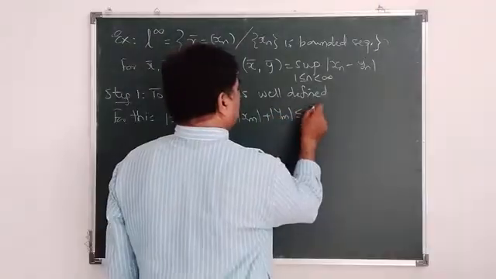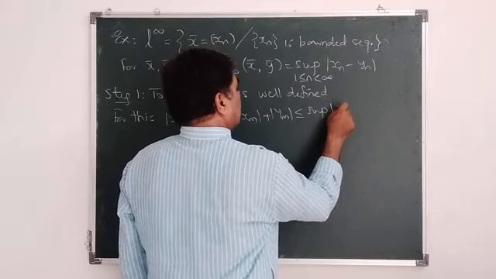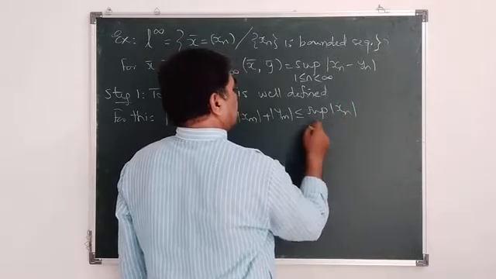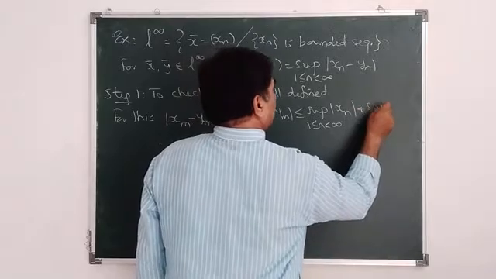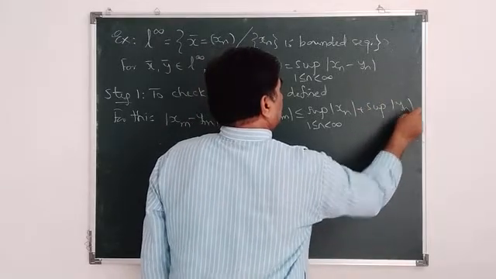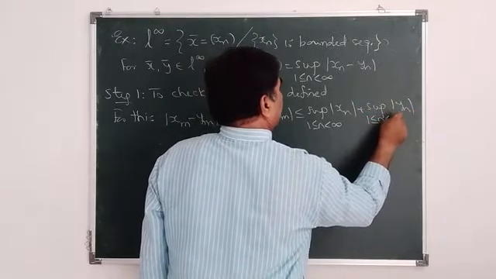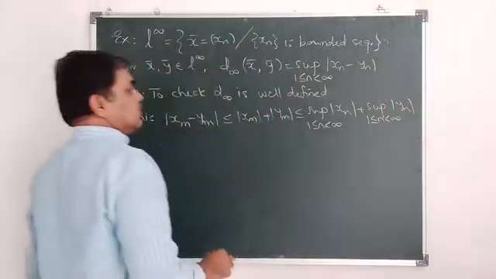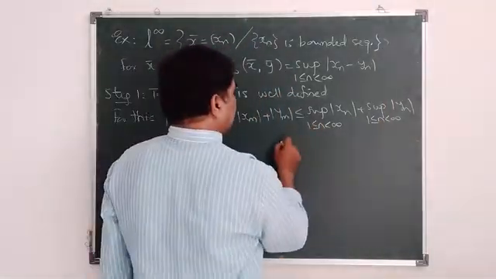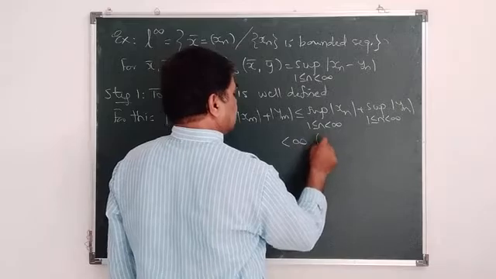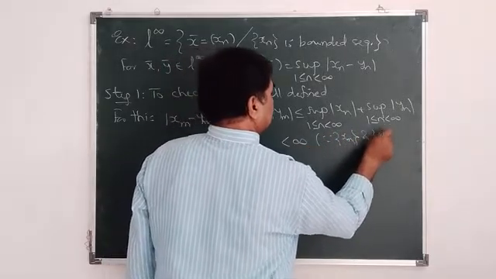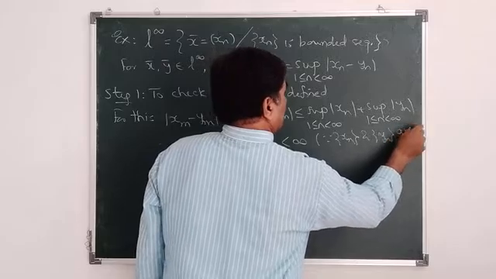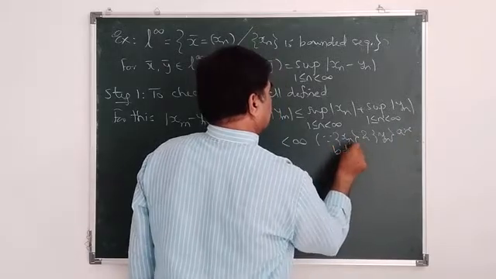This is less equal supremum of mod xn, 1 less equal n less than infinity, plus supremum of mod yn, 1 less equal n less than infinity. And this must be less than infinity since xn and yn are bounded sequences.